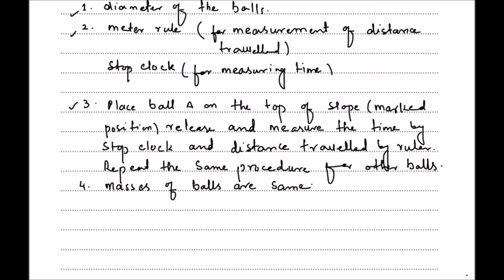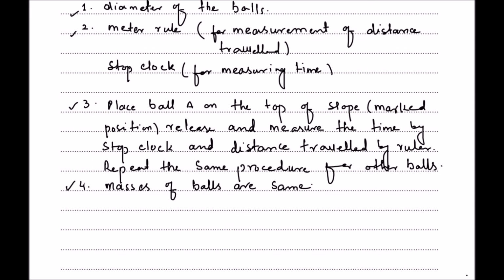In the third part we wrote how you are going to perform the experiment. It is very simple. Place ball A on the top of the slope at the marked position, release and measure the time by using a stop clock, and measure distance by ruler. And the same procedure we repeat for the other balls.